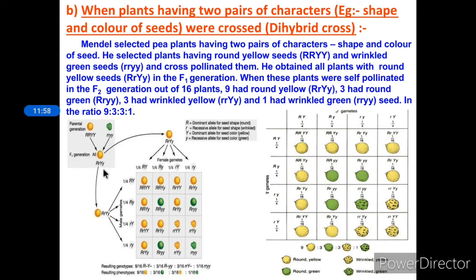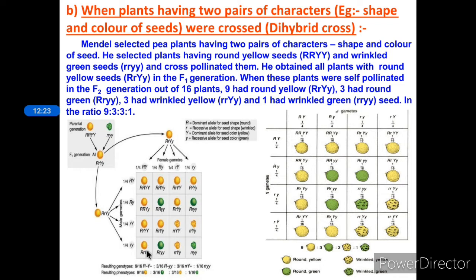When self-pollinated, you get 16 plants.